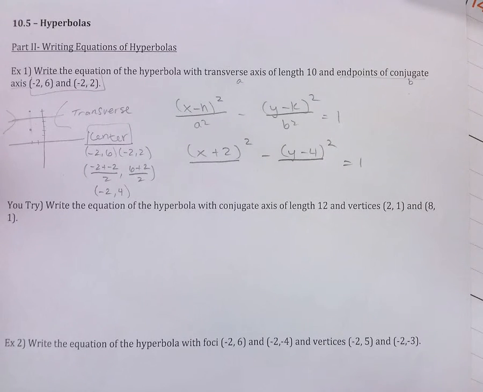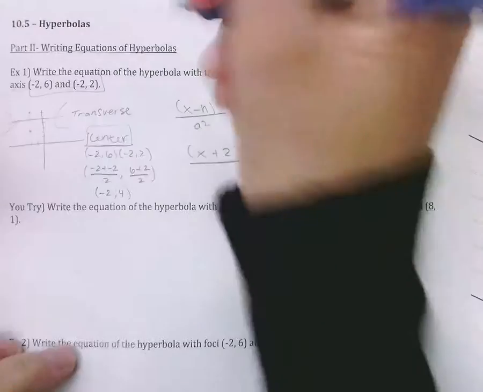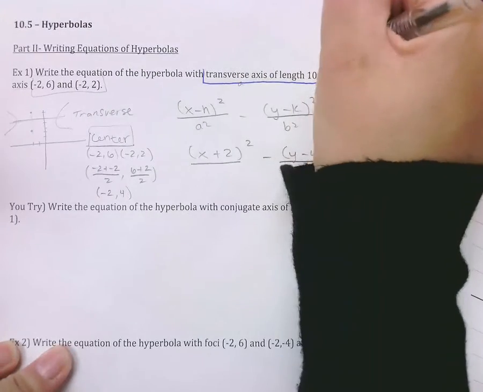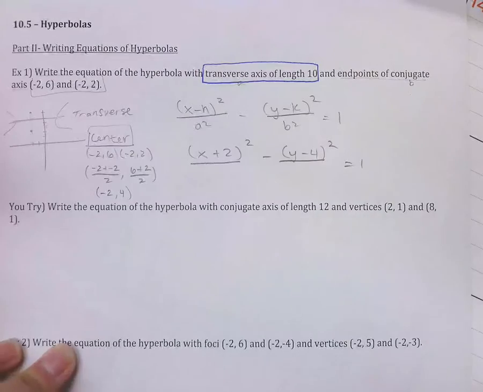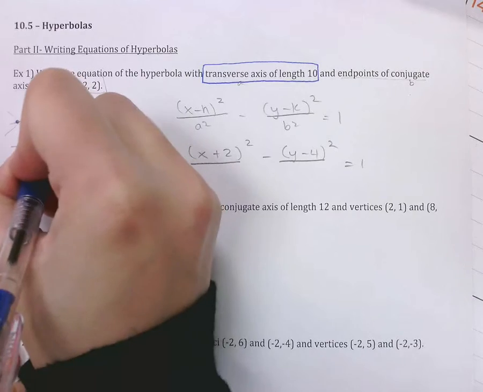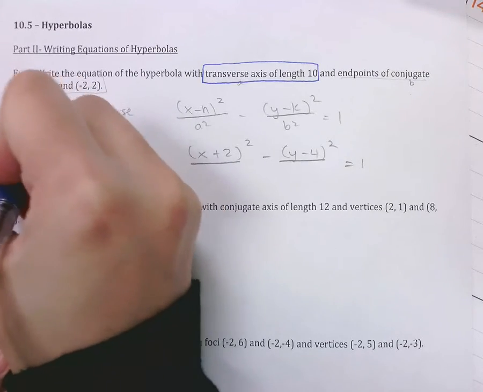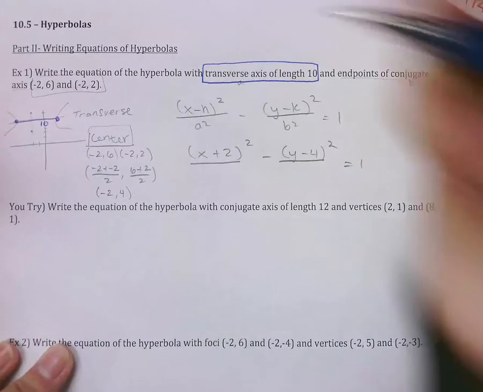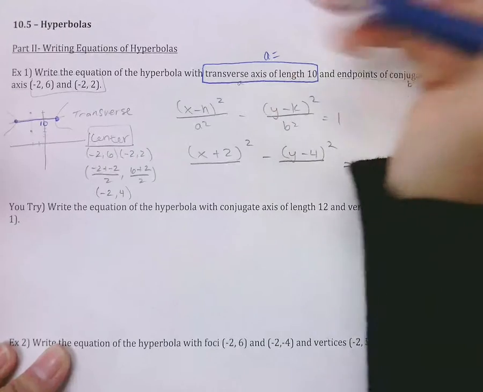Okay, A can be found using this piece of information. It says the transverse axis has a length of 10. That's the whole axis. So from one vertex to another vertex, that whole length is 10, which means A would be half of that.